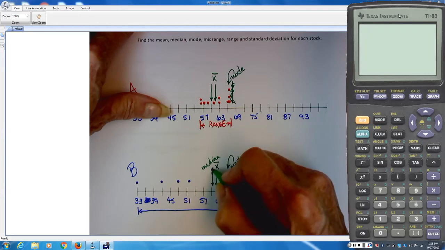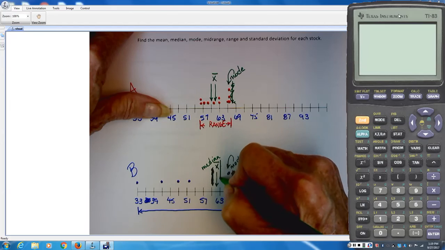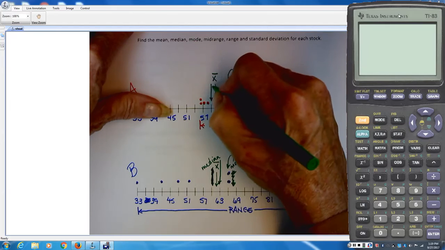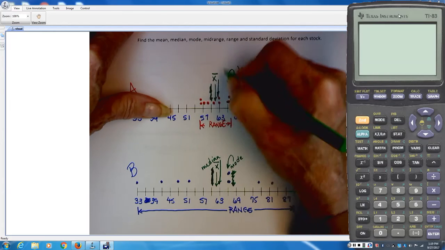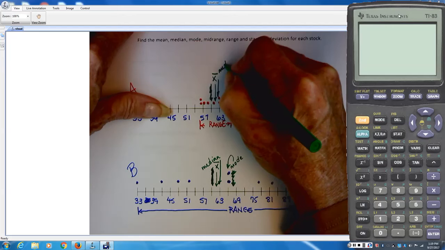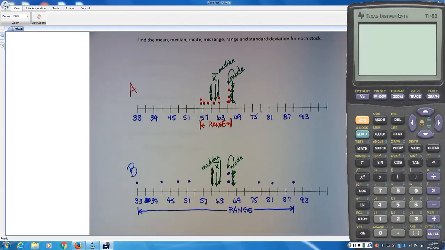Actually, the median should be on the other side. Sorry about that. So the median's a little bit further over. So their centers are all in the same place.